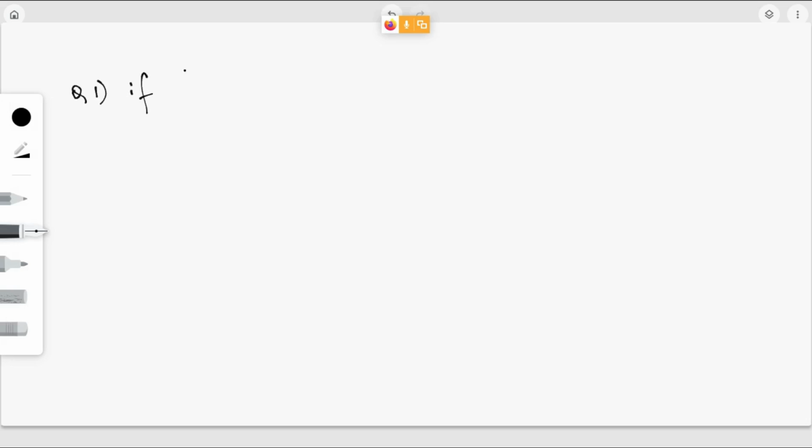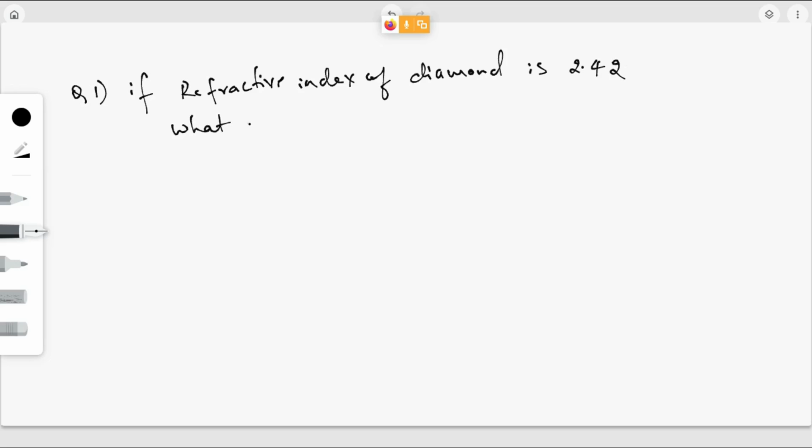Let me take diamond. If refractive index of diamond is 2.42, what is the speed of light in diamond?